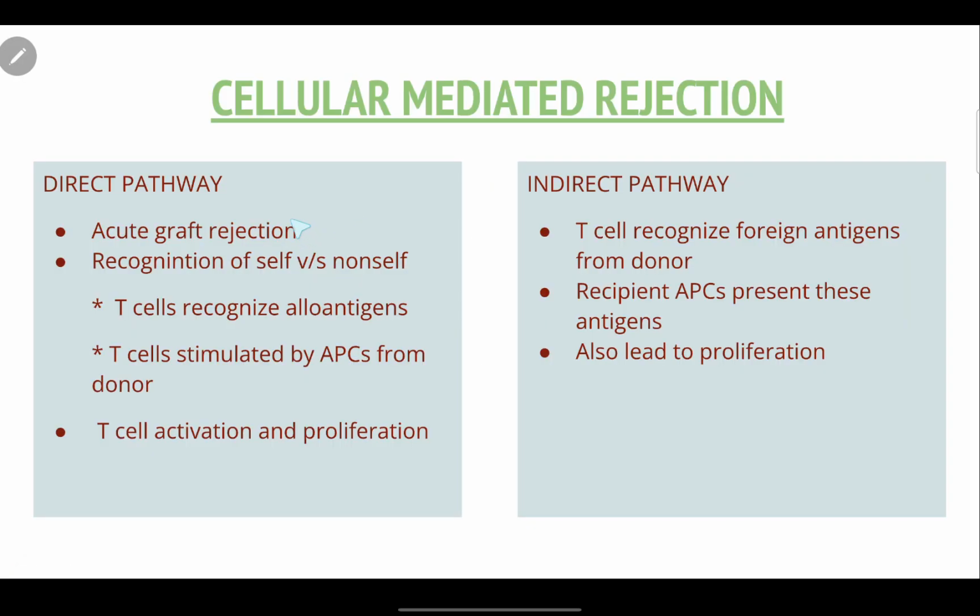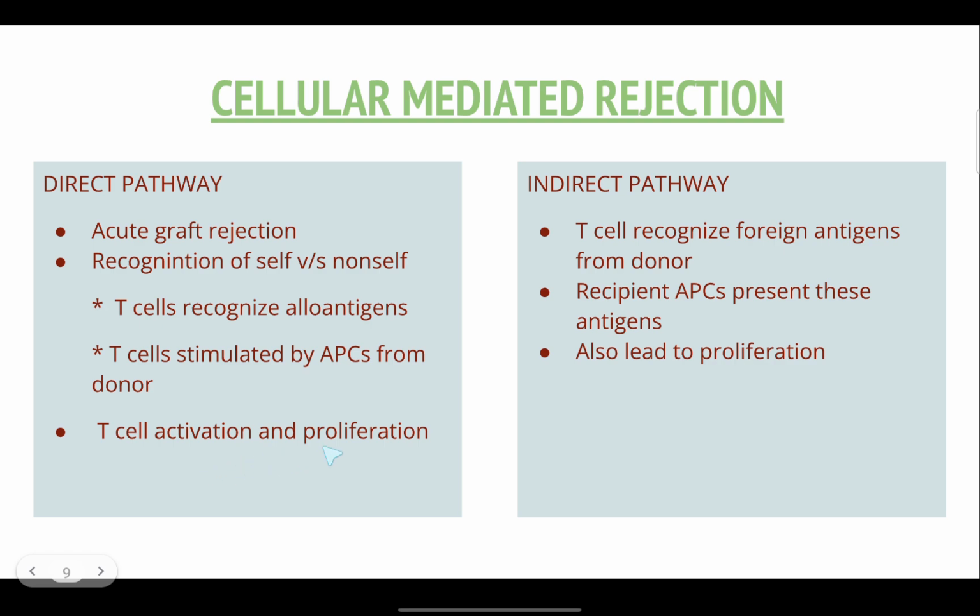So we will now discuss the direct pathway and also the indirect pathway. In case of direct pathway, it is an acute graft rejection where there is a recognition of self versus non-self cells. Here, the T cell recognizes alloantigens. The T cell is also stimulated by APC, that is antigen presenting cells from the donor.